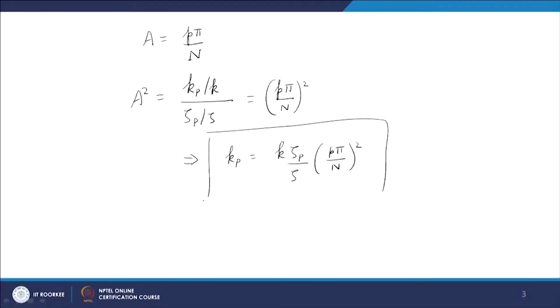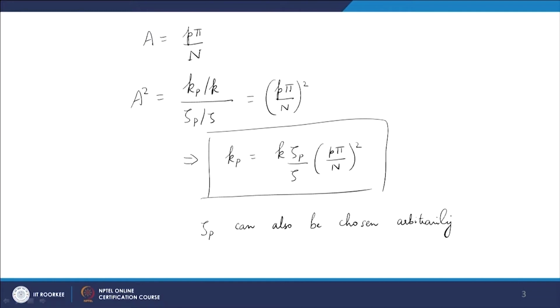So, they are arbitrary as long as they satisfy the ordinary differential equation. Okay. So, even though we have established this equation, the zeta_p can also be chosen arbitrarily.